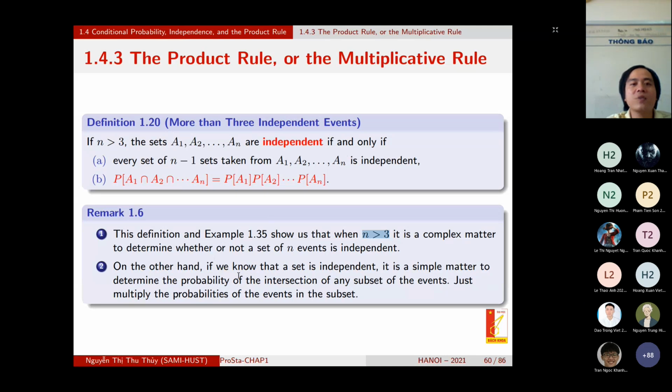On the other hand, if we know that a set is independent, it is a simple matter to determine the probability of the intersection of any subset of the events. That means any subset can comprise 2, or 3, or 4 events taken from the n events.